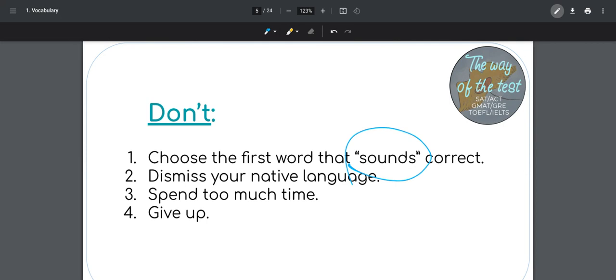It's also important that you avoid confirmation bias, which means just because you got it right by what sounded right, and you remember that you got it right, but you don't really have a record of how many times you got it right, then you're going to have a confirmation bias. So my advice is to always keep track of your exercises, your practice, and see how many times you got it right out of how many.